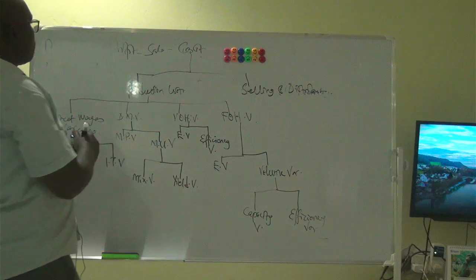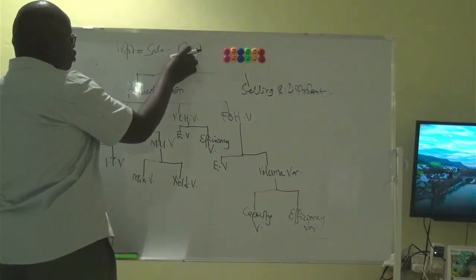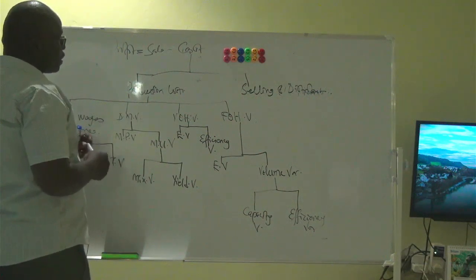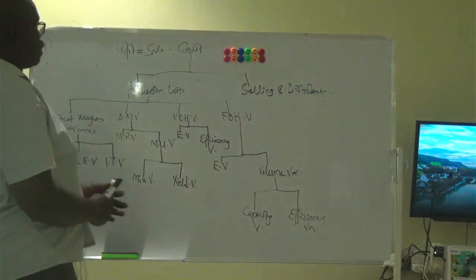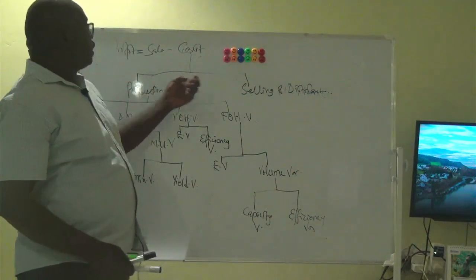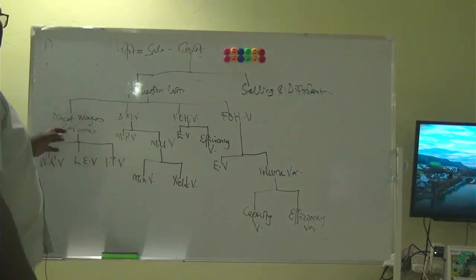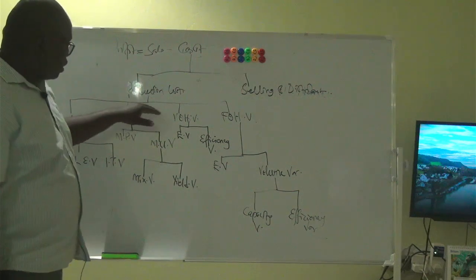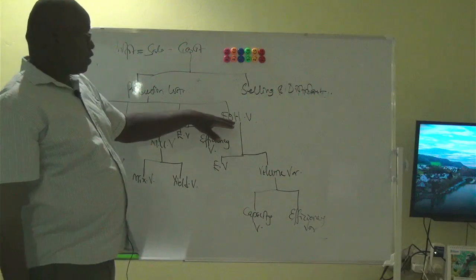So we have, of course, profit, which is a component of sales minus cost. We had looked at what was making up the sales variance. Then cost has all these variances, production costs, and then of course the selling and distribution variances. Production, we've said, is a component of wages, direct material, variable overheads, and fixed overheads.